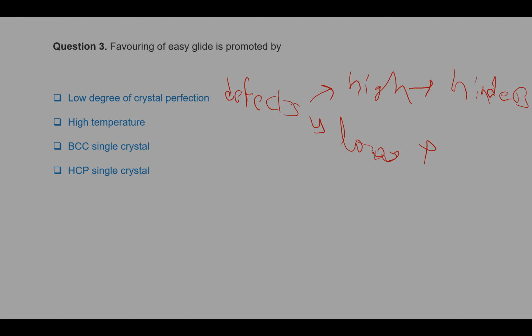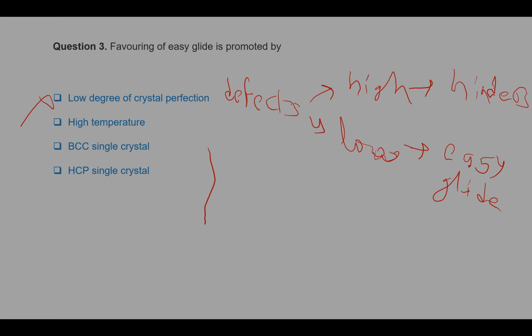While if it is low, then easy glide may be possible. Then they talk about temperature. So this option won't be correct, because low degree of crystal perfection won't promote it, as there will be two possibilities. And then high temperature.